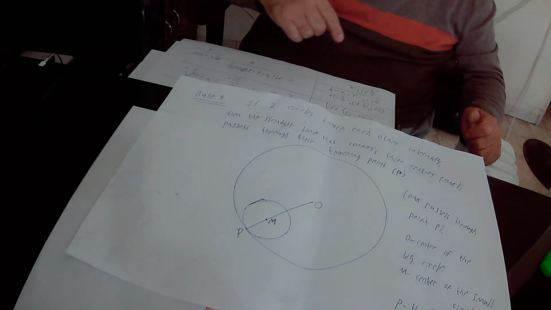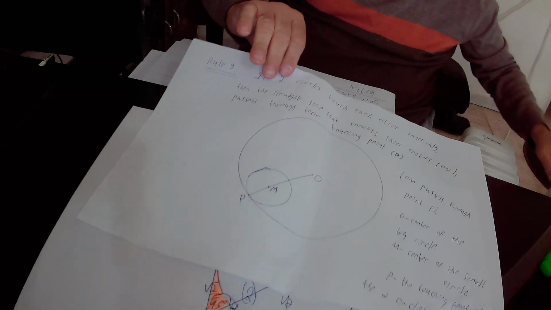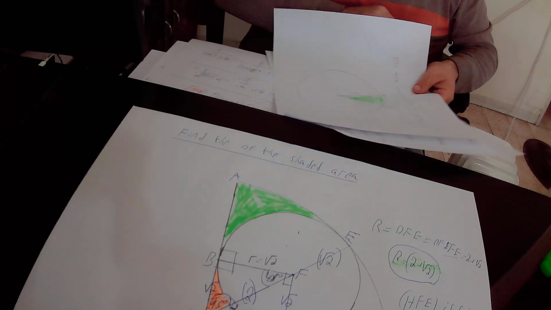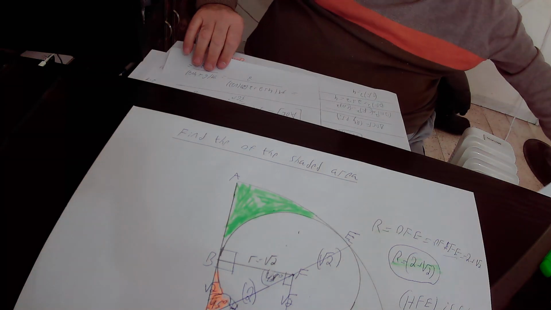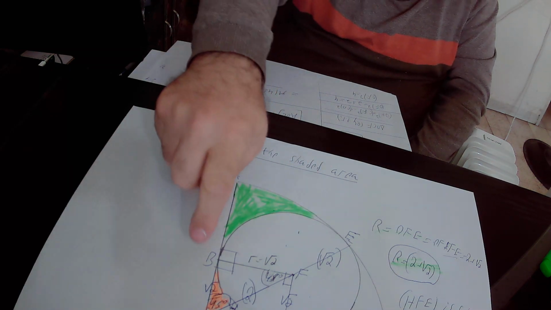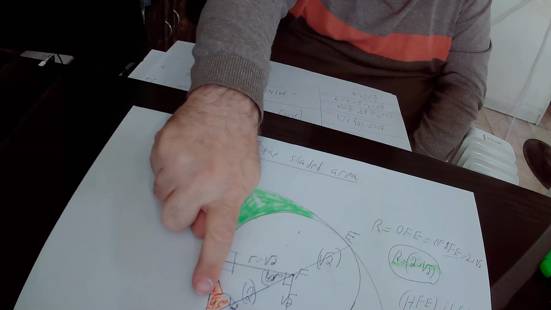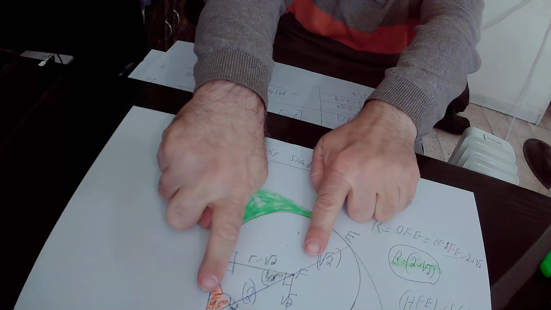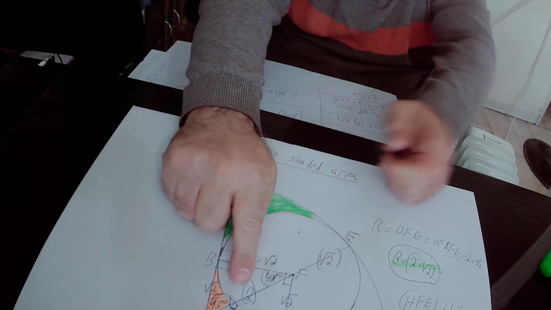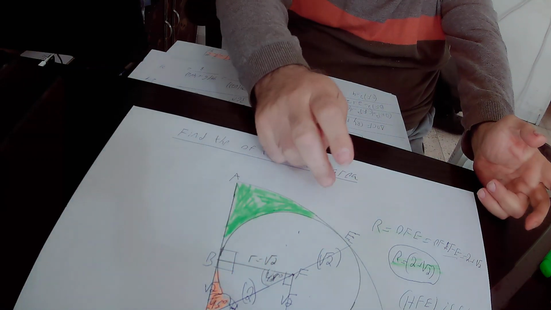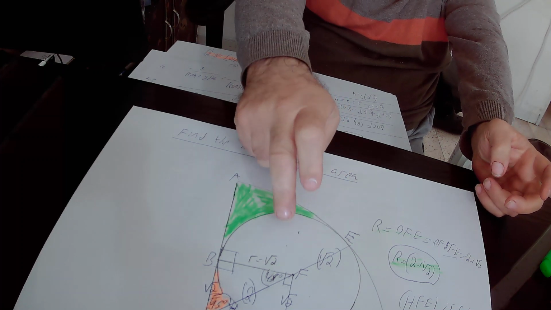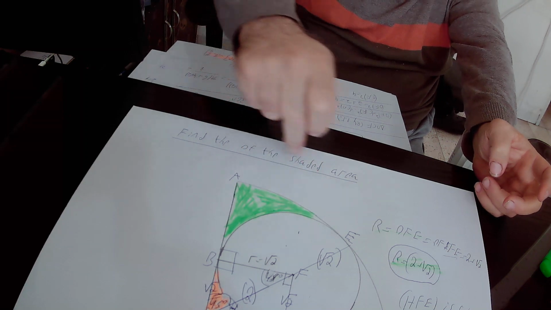So we can actually implement rule 9 in our drawing. Why? Because in our drawing, the center of this small circle is here at point F. The center of the big quarter circle is here at point O. And the straight line that connects their centers together is line segment OF, or the straight line OF. And according to rule 9, first of all, here we have an internal touch between the small circle and this quarter circle.